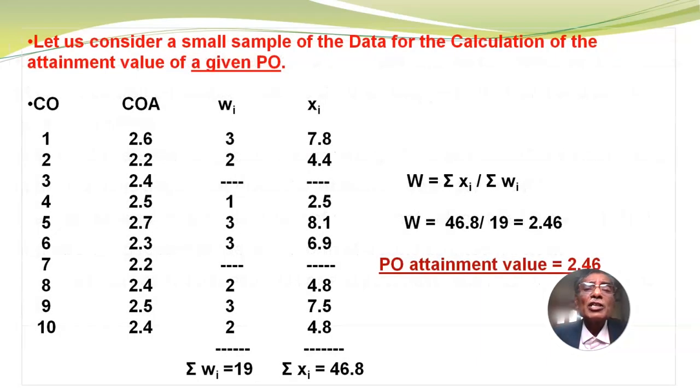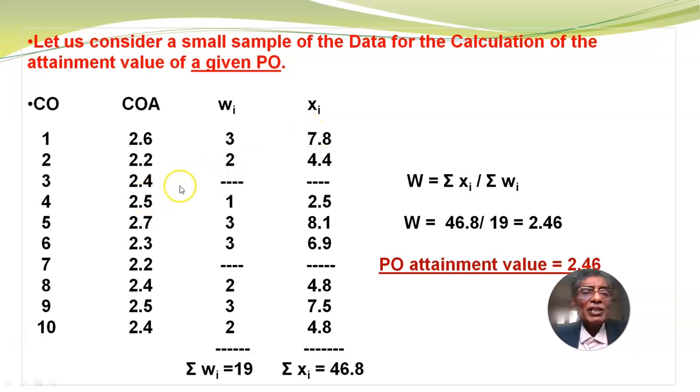Let us consider a small sample of the data for the calculation of the attainment value of a given PO. Here CO, then COA, WI and XI. CO1, COA 2.6, WI is equal to 3, then XI is calculated to be 7.8.